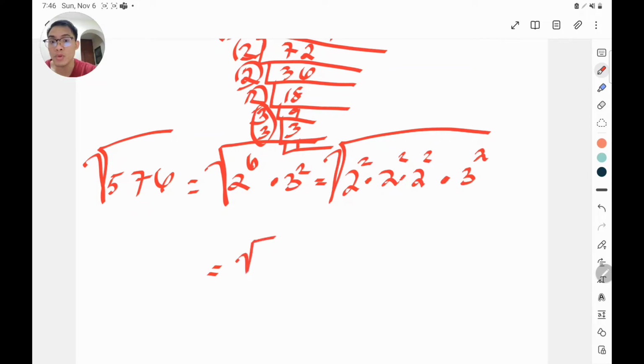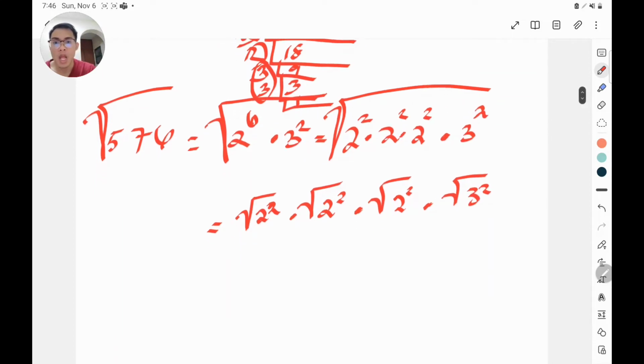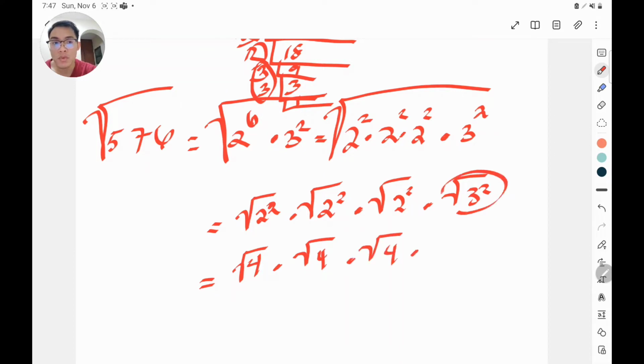So we have the square root of 2 squared times the square root of 2 squared times the square root of 2 squared times the square root of 3 squared, right? Now, what is that 2 squared? We both know that 2 squared is 4, correct? Then times 4 times 4 times, what is this? That is the square root of 9.